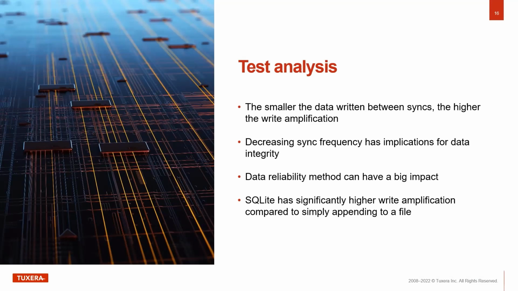Importantly, the data reliability method of the file system chosen has a big impact to determine how to best keep the data safe. While non-journaling file systems only write the changes once, journaling file systems have additional overhead due to the additional journal file. And this difference is significant, especially when the writes are very small.